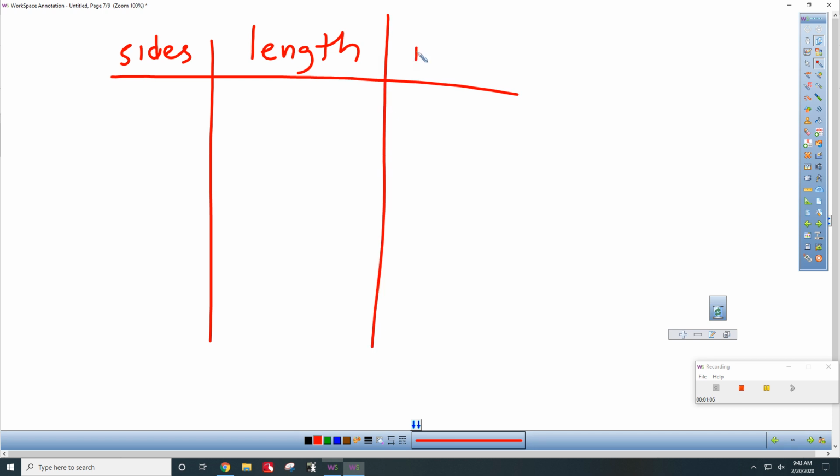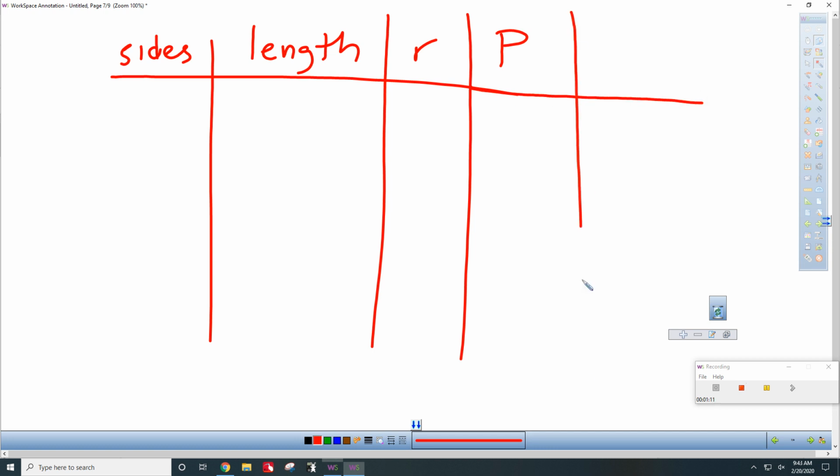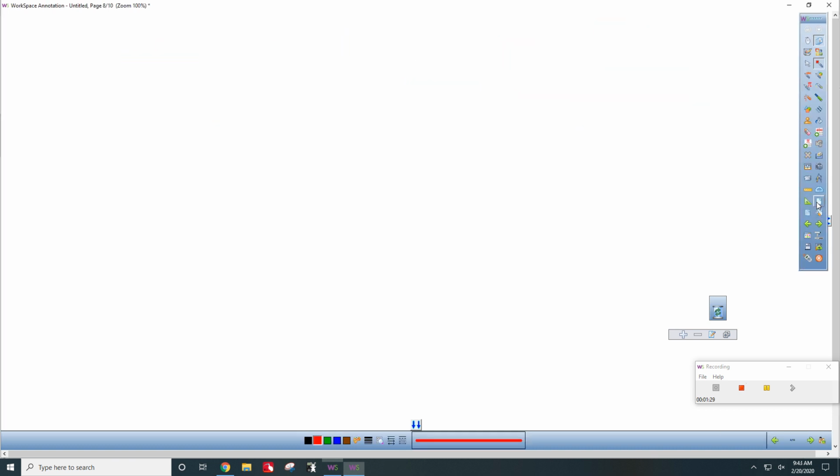Let's say R. Let's say perimeter. And then let's just say perimeter divided by 2R. And that'll make more sense a little later. So we'll kind of toggle back and forth. So let's just use 10.